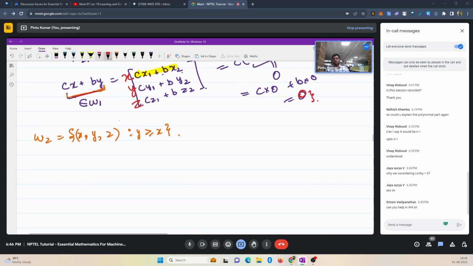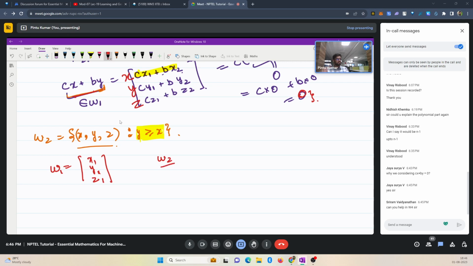Okay. So let's look at this particular example. Now we have x, y, z, and the property that we need to satisfy is that y, the second component, must be greater than the first component. Again, let's take w1 equal to (x1, y1, z1), and let us take any w2.